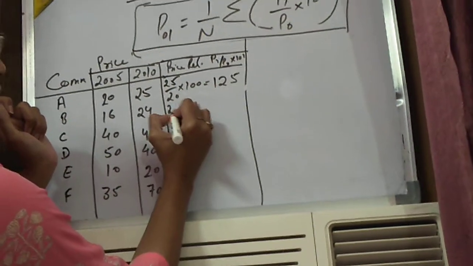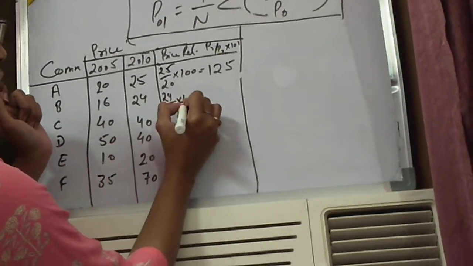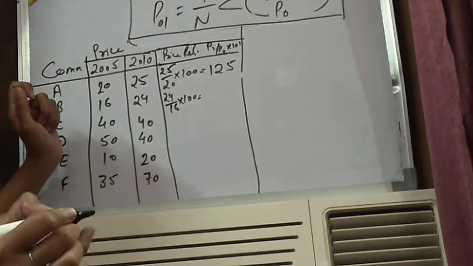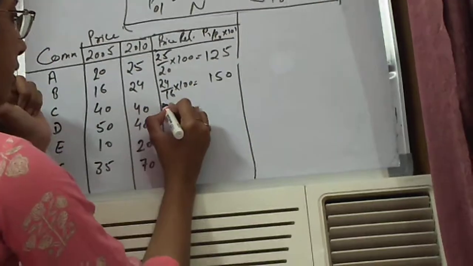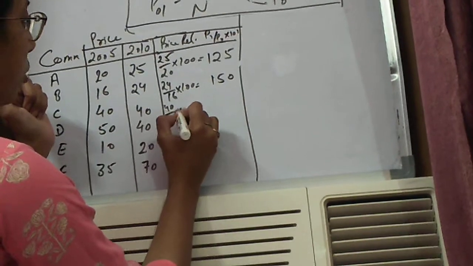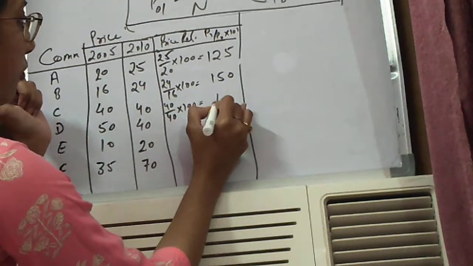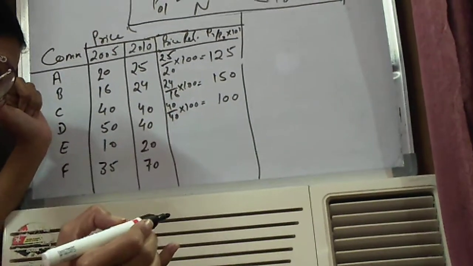Then 24 upon 16 into 100. The answer will be 150. Then 40 upon 40 into 100. It will be 100.